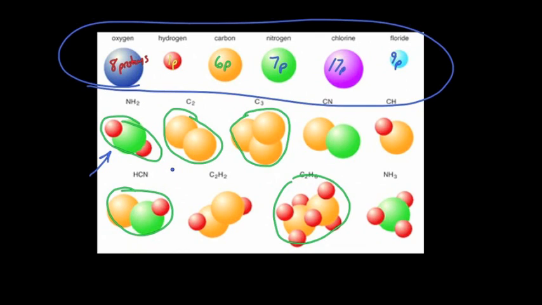And as they absorb heat energy, they move faster and faster and faster, and they bounce off each other. And as they lose heat energy, they move slower and slower and slower. So if these molecules absorb heat from their environment, they speed up. And as they lose heat to their environment, they slow down. And that's where you get into the different states of matter. And we'll discuss that in a future lecture.